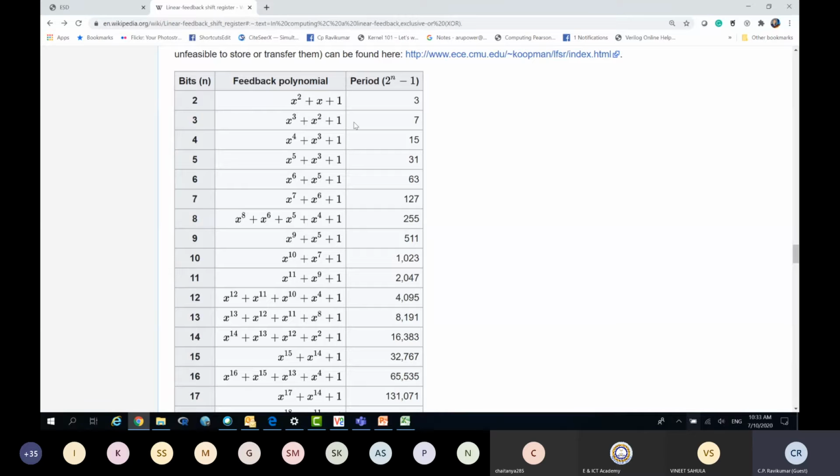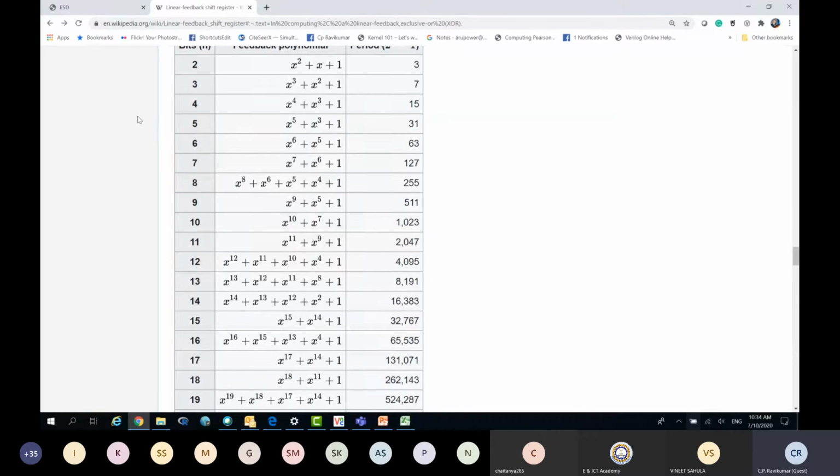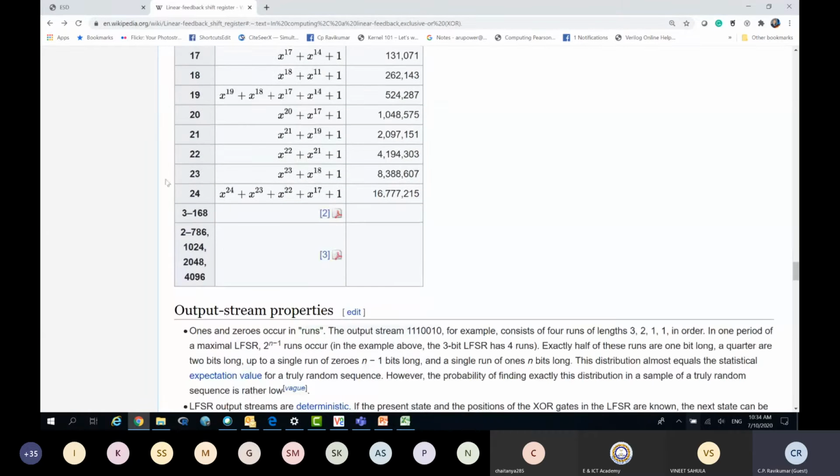There may be some other characteristic polynomial which also gives me maximal length. Somebody has done the research and found characteristic polynomials for all the values up to maybe 24 bits, and they have given a reference for more than 24. There is some other place where you can go and find up to 168.